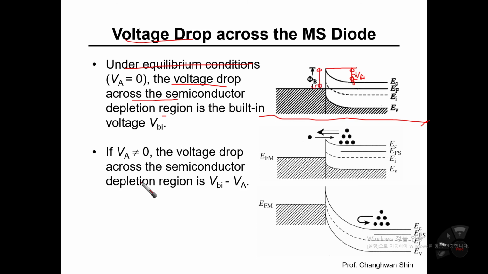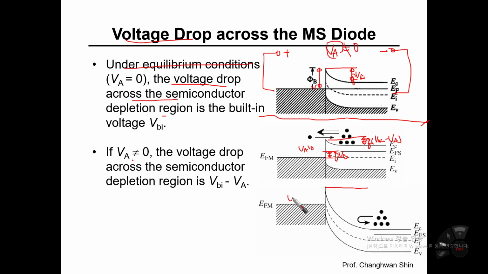Okay, but if VA is non-zero, from here to here is V sub A. If VA is positive, then the energy barrier height has been reduced to Q times VBI minus VA.